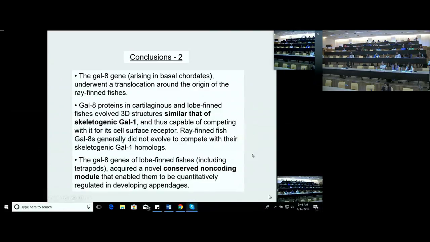Okay, so just to reiterate, in sharks, cartilaginous fish, and in tetrapods, the galectin-8 stayed on the original chromosome and developed at the protein level the ability to compete with galectin-1A, or the skeletogenic galectin-1, whereas the ones that jumped to a new chromosome kind of went their own way. They underwent apparently positive selection that was different in different species.